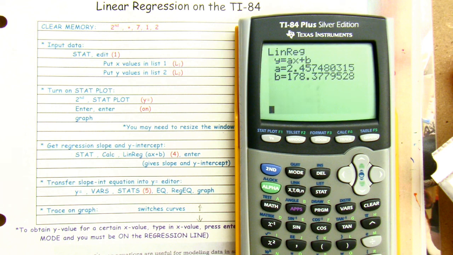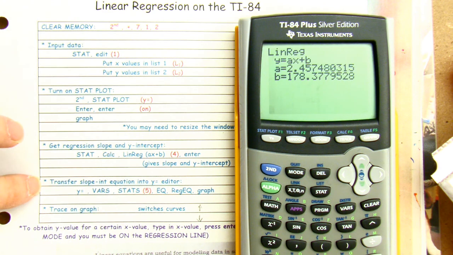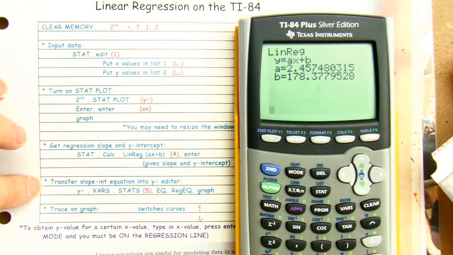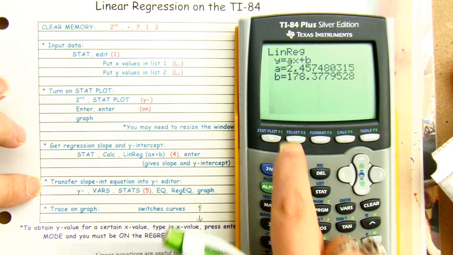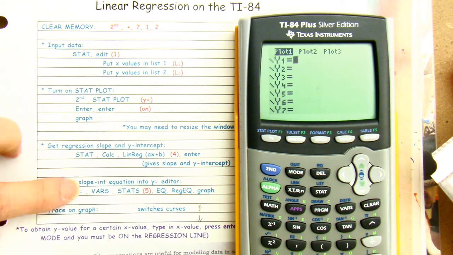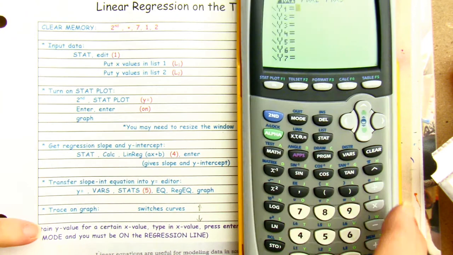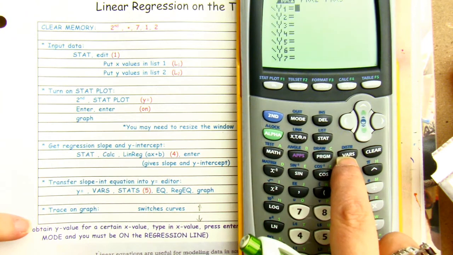Now I could take that information, don't clear the screen or anything. I want to transfer it right into the y equals editor because I don't want to have to remember what these decimal places were. So I'm going to have the calculator swoop that right in for me. So I hit y equals, and then I'm going to hit the vars button, right here, this one, vars.